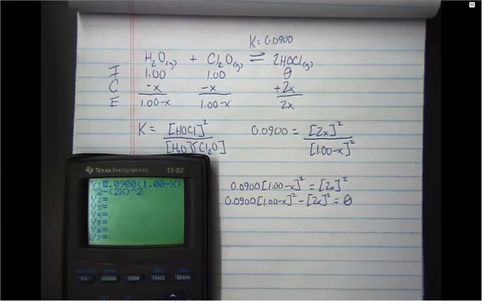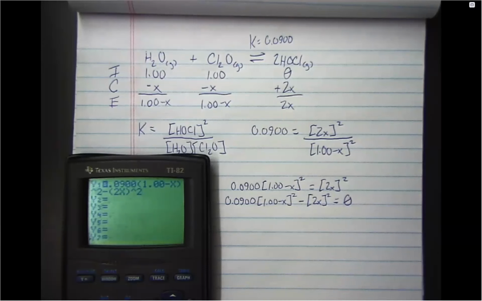What's the smallest value x could possibly be? 0, right? If we didn't change our concentration at all to get to equilibrium, x would be 0. What is the maximum possible value for x that we could expect based on our problem? Yeah, if all of our reactants turned into products, our x value would be 1.